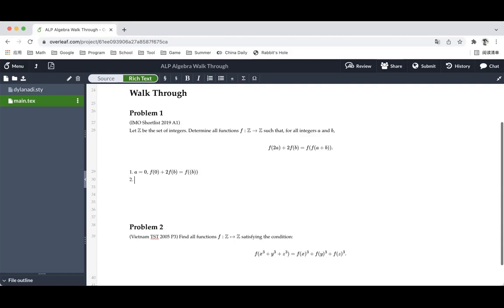Now we pay attention to the right hand side of the equation, and from the equation we wrote above, we can rewrite the equation into f(2a) + 2f(b) = f(0) + 2f(a+b).